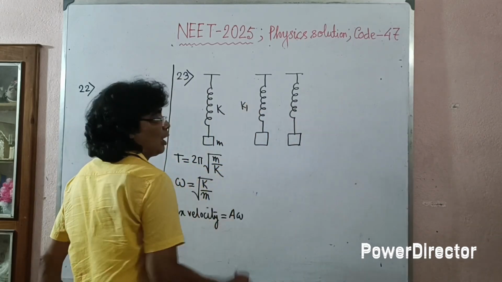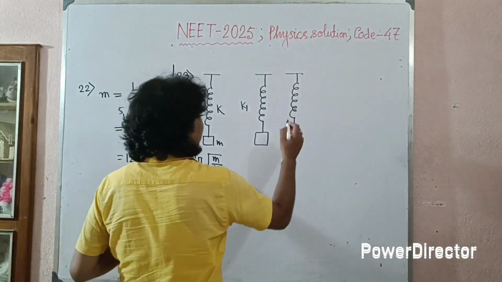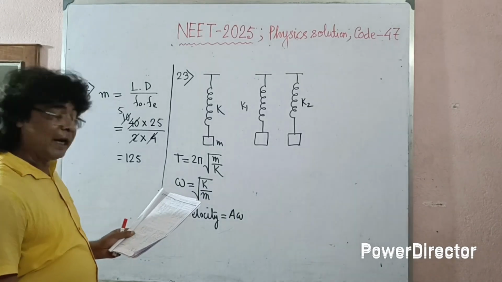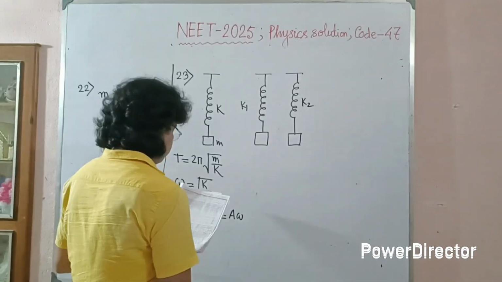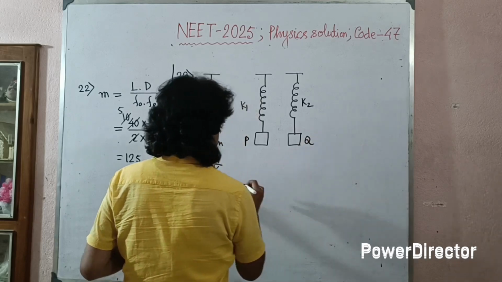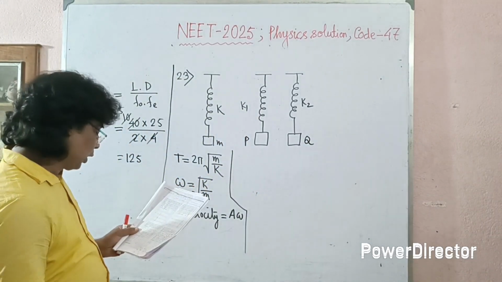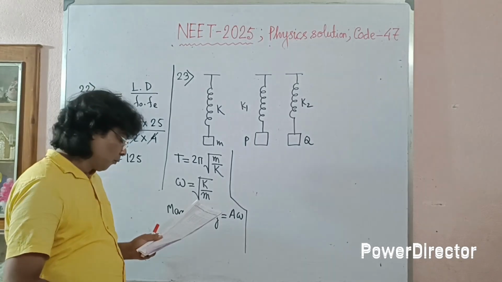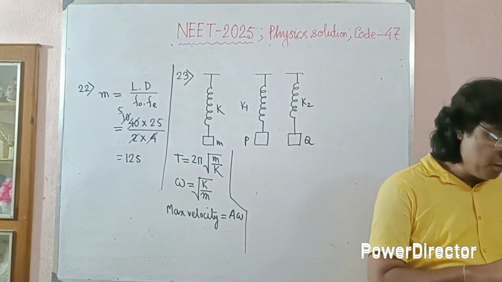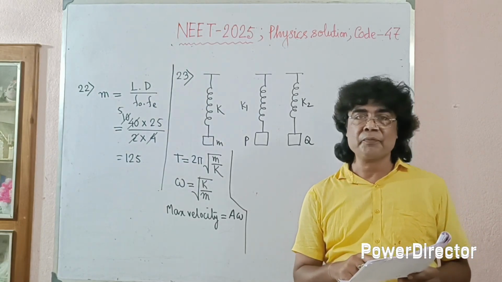First one having force constant K1 and second one having spring constant K2. This mass is capital P. This mass is capital Q. Now, what is given? If their maximum speeds are the same.